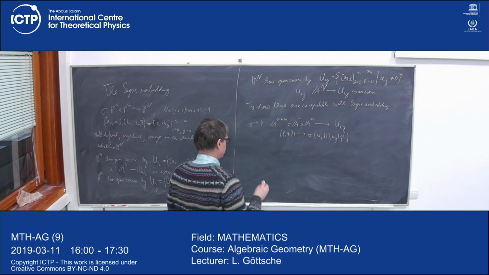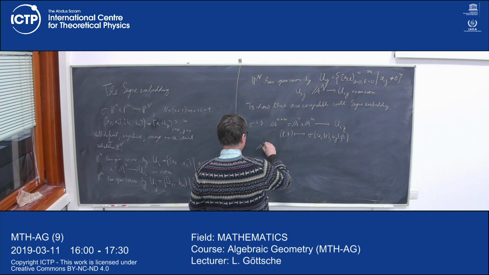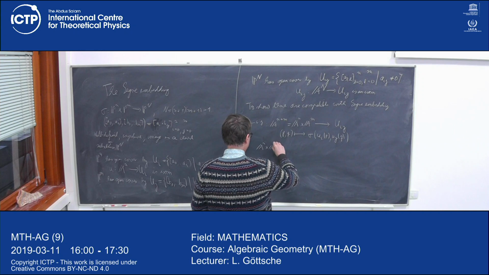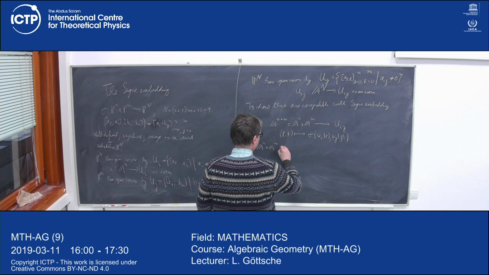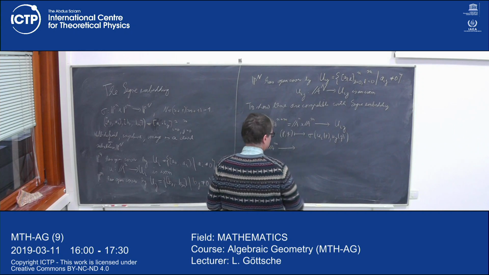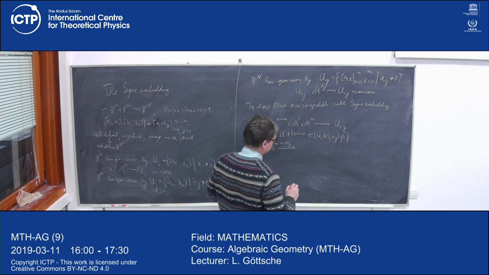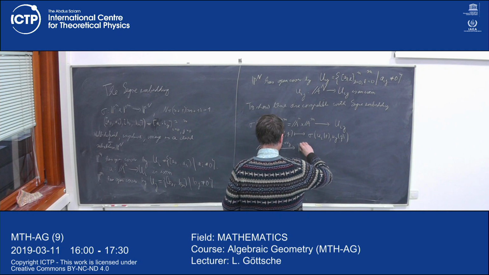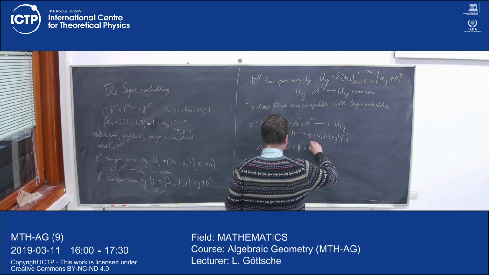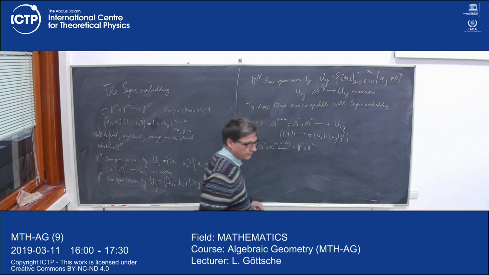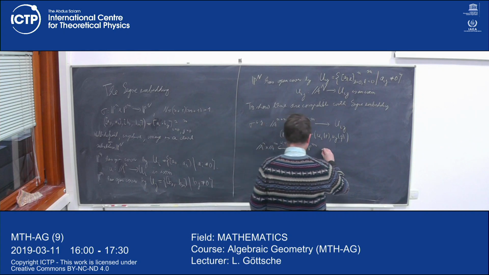So in other words, we have here A^n times A^m. We map this in some sense with U_i times U_j into P^n times P^m, and then we apply the Segre embedding.